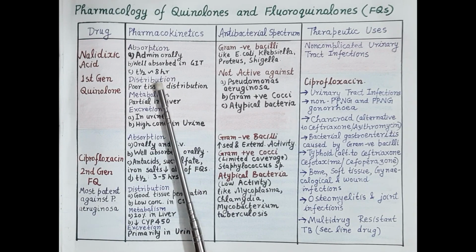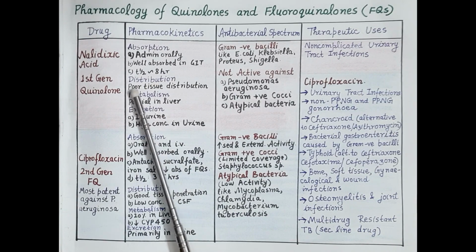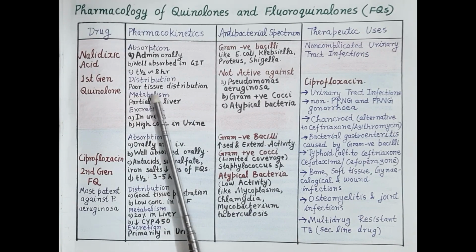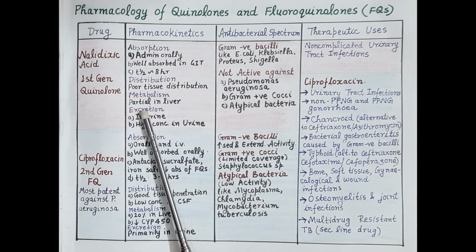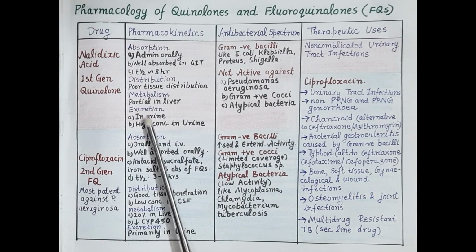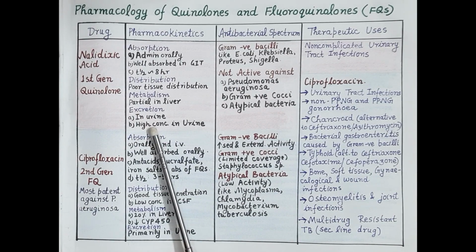It has a half-life of around 8 hours. It is poorly distributed in the body tissues and thus is not used for the treatment of systemic infections. It is partially metabolized in the liver and excreted in the urine.